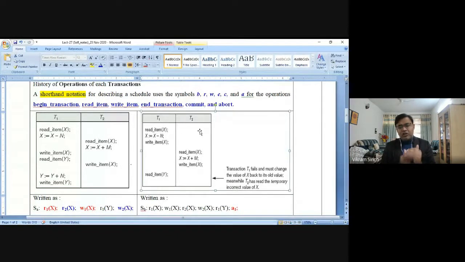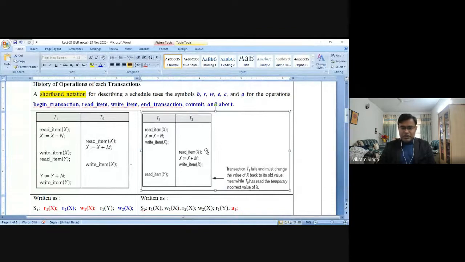All the operations of T1 on one single data item X have been kept in one place. You can see in the second figure where we have placed T1 and all its operations on data item X in one place. And then similarly for transaction T2, all the operations on the data item X have been kept in one single place. After that, we have another operation on data item Y by T1, which is kept in a different place. So this is also one possibility.